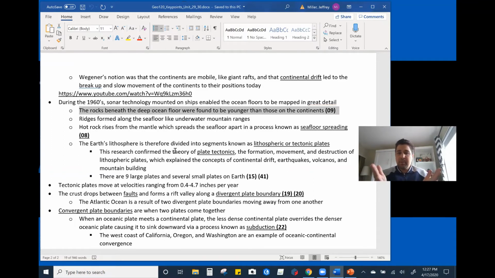And then it also uncovered this younger rock thing, which is because the discovery is that the younger rocks come from hot rocks, hot lava, okay, from tectonic plate movement underneath the ocean, hot rocks from the mantle rising and then spreading the seafloor apart, okay?